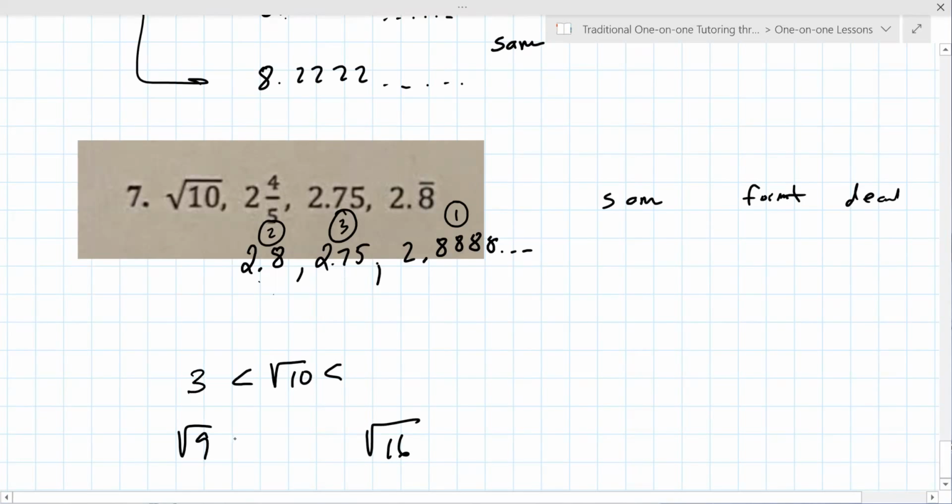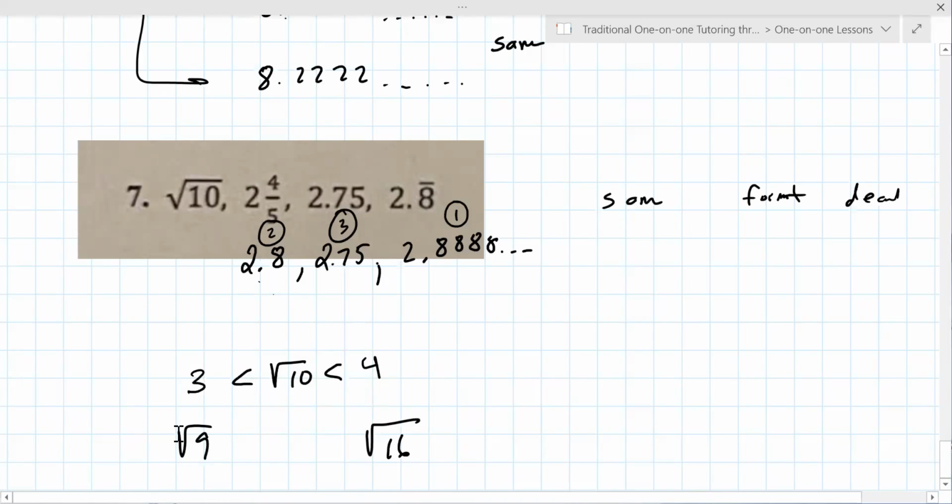Square root of 9 and the square root of 16. We did these earlier. What two numbers does it fall between? Remember, you'd go up to your table and find the two numbers, 9 and 16, right?